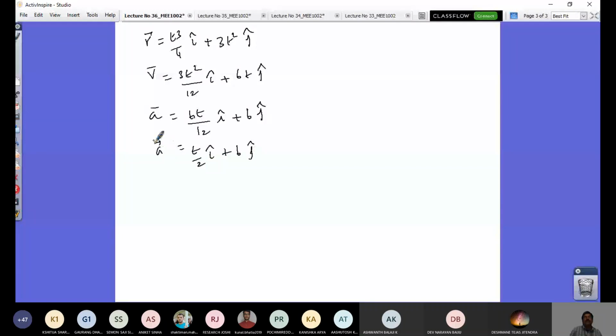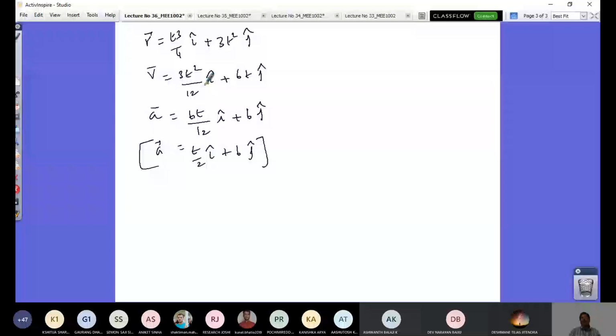Look at this acceleration vector. The x component of acceleration is varying as a function of time, whereas the y component of acceleration is constant. If the position component x is of order 3, then acceleration is variable. If x is of order 2, acceleration is constant. This relationship we have already looked at in motion curves.